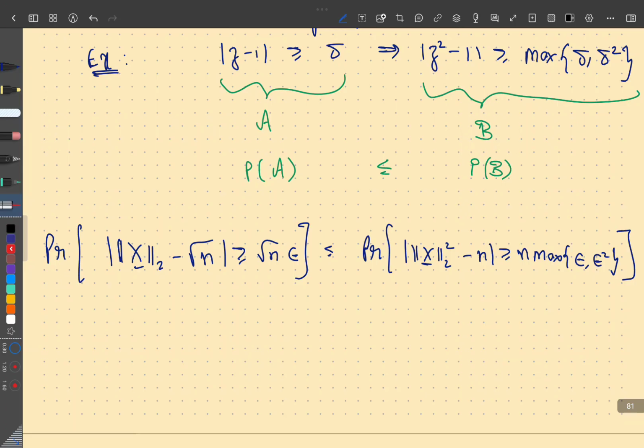Right? So basically here I've used this particular fact. So this is event B and this is event A.